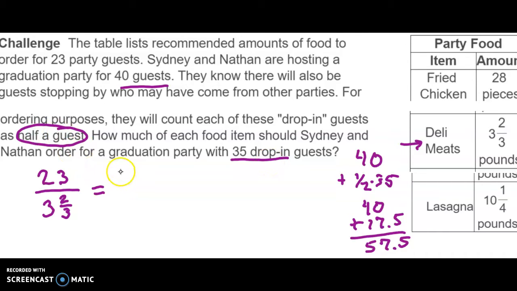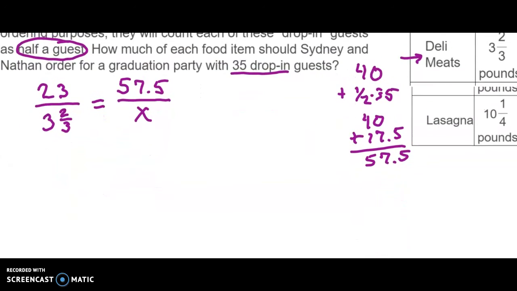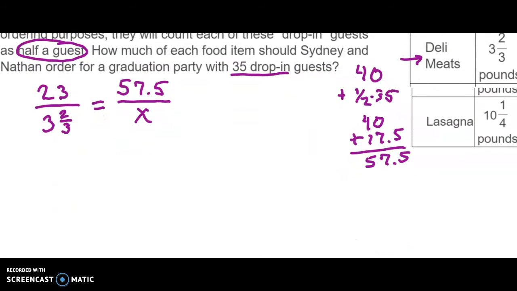So we want to know how many pounds I will need for 57.5 guests. Now that I have my proportions set up, we can cross multiply to solve this problem. So I cross multiply, and I end up with 23 times x equals 3 2/3 times 57.5.